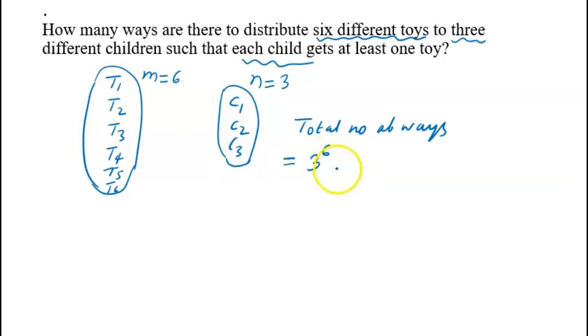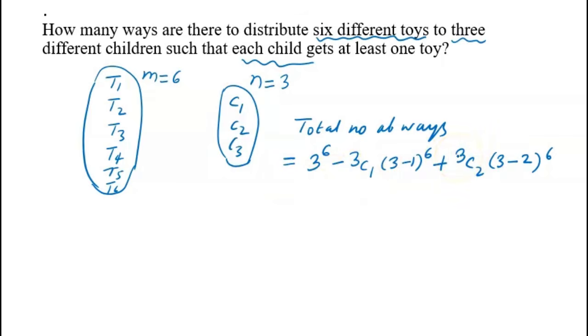Now nC1, so I will take 3C1 and n minus 1, that is 3 minus 1 to the power 6. It is minus, then the third term will be plus: nC2, meaning 3C2 and 3 minus 2 to the power 6. Now 3 minus 2 to the power 6 will become 1. So we have already written 3 terms.